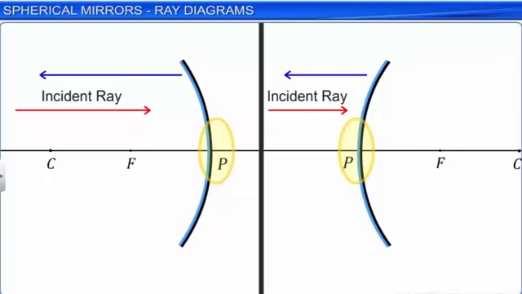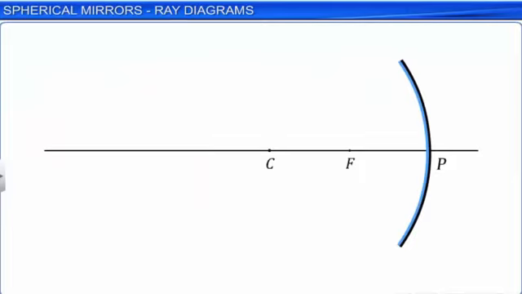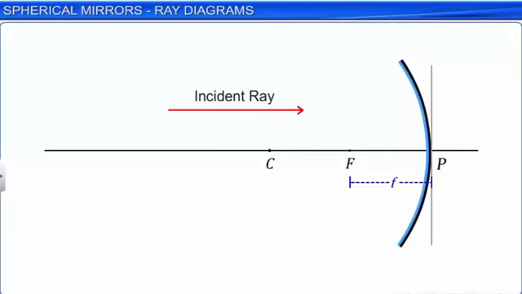For example, in the case of a concave mirror, if the focal length and the radius of curvature are measured from the pole, then the measurement is in a direction opposite to the direction of the incident light. Hence, they must have negative values.